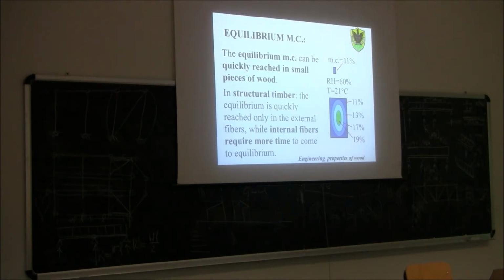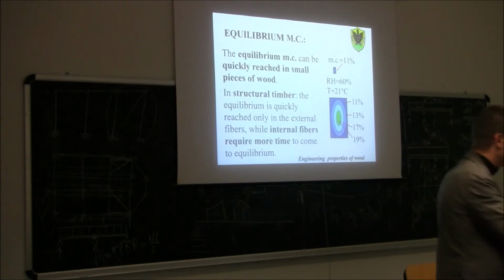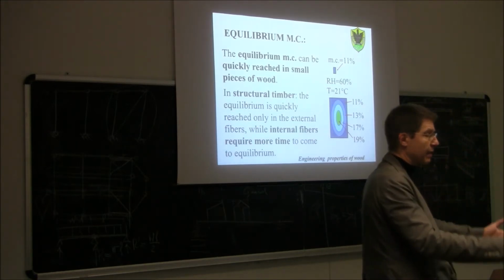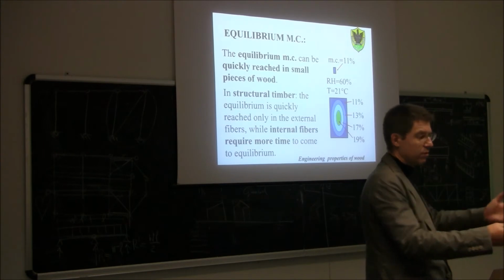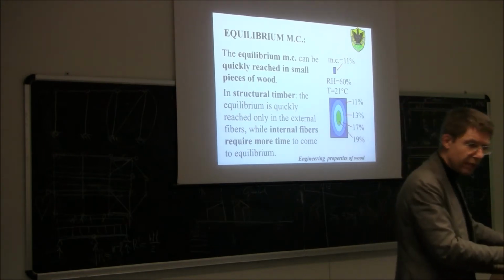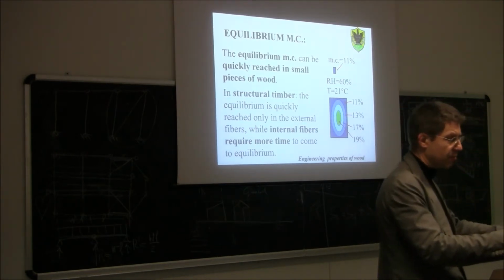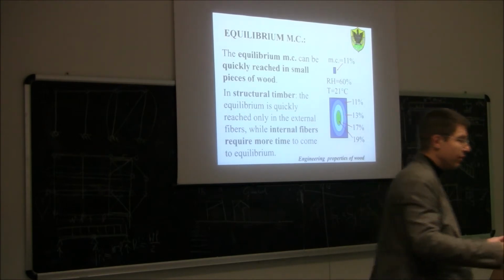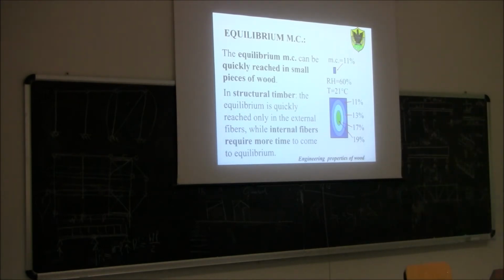So we are interested in equilibrium moisture content because, depending on the final destination of our building, we need to understand which final equilibrium moisture content we can expect in our room. Designing a structure for a sauna is not the same as designing one for a dry environment, so the final equilibrium moisture content is different.